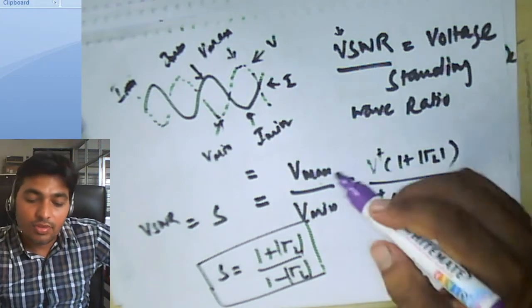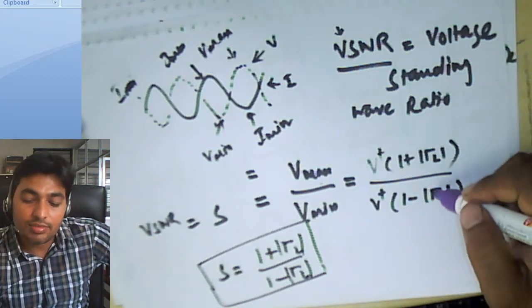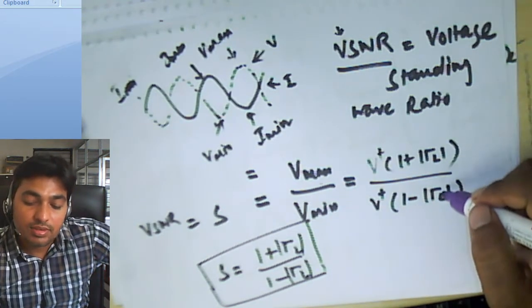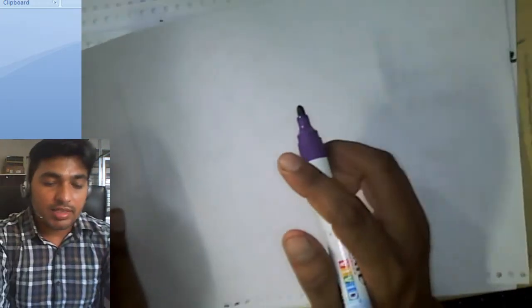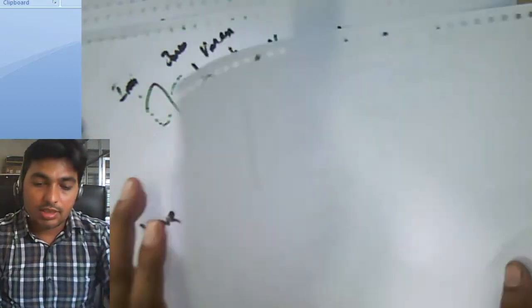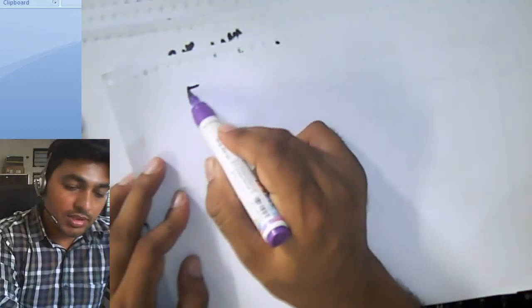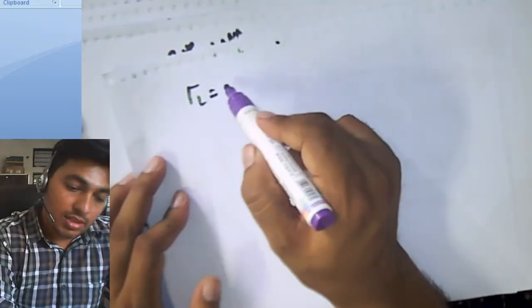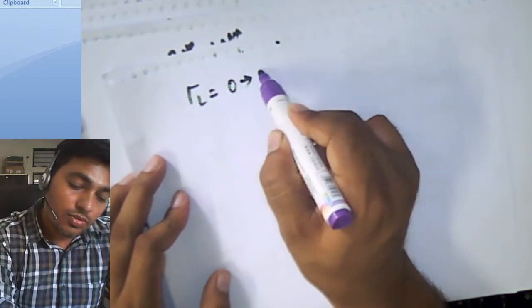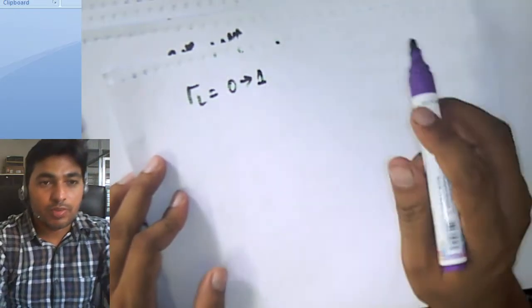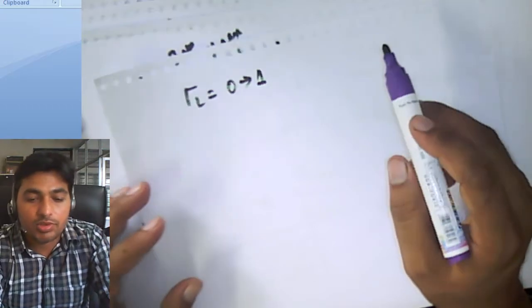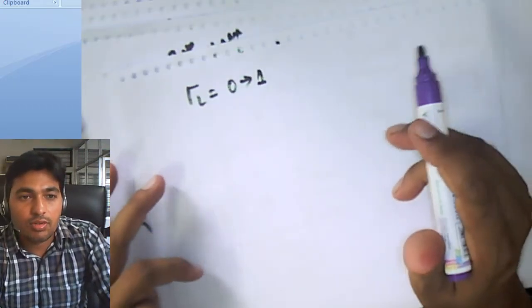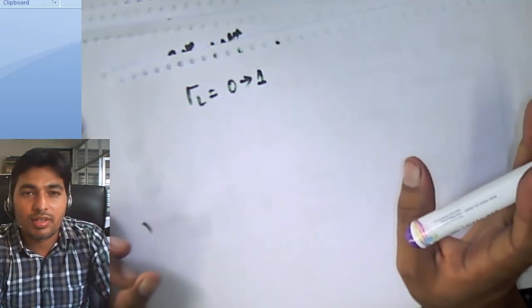We know the reflection coefficient is between 0 and 1. 0 corresponds to perfect match, while 1 corresponds to the worst case condition, or no match or no power transfer.